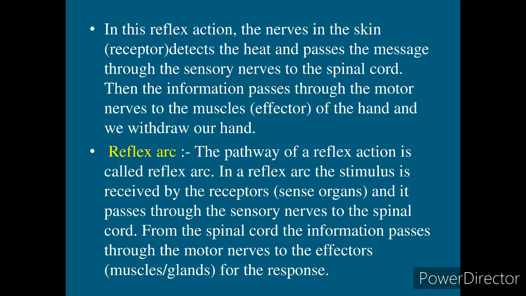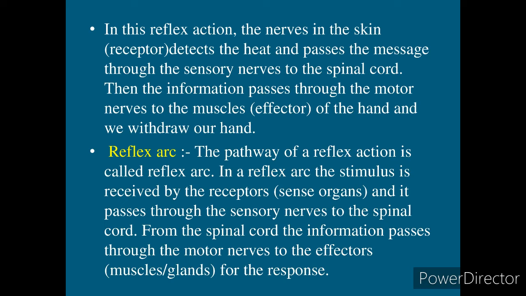We call it the effector at that time, and the hand is withdrawn from the hot object. This is very important, children, to remember. I have put a diagram also, which is very important for you to learn.